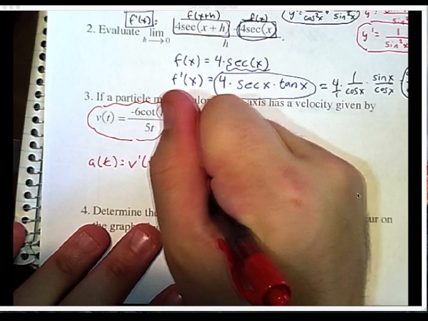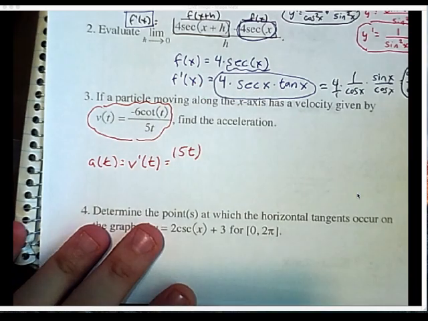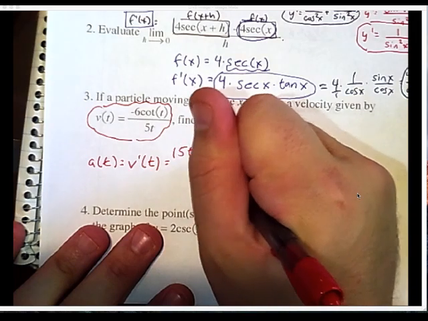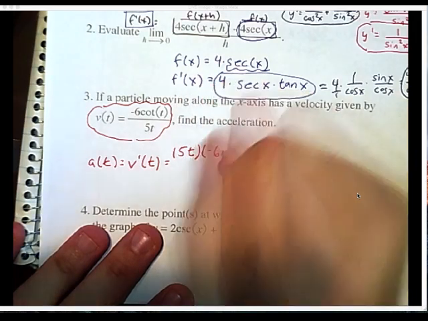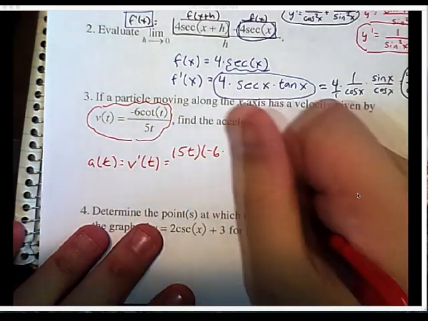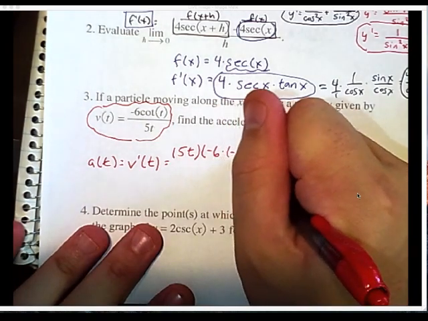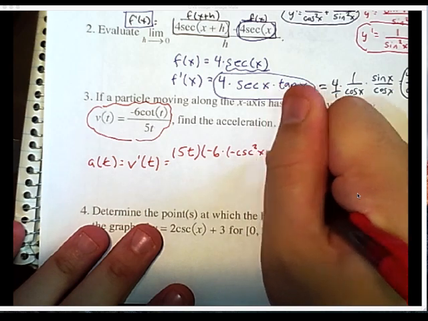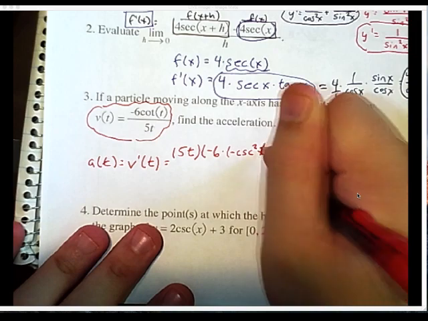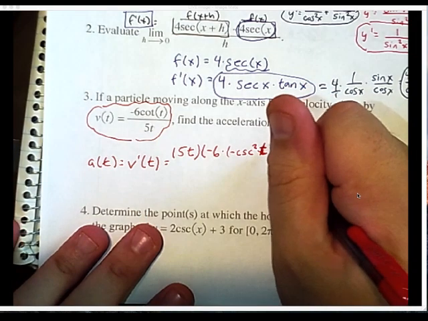So we say low, that's 5t, d high, so what's the derivative of the top? The -6 would stay, times the derivative of cotangent. What's the derivative of cotangent? It's negative cosecant squared. Okay, and this is of t instead of x, because these are all t's.